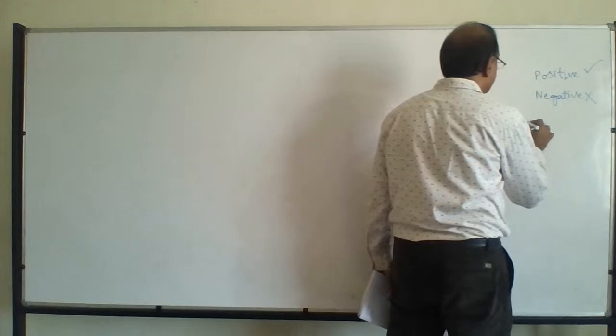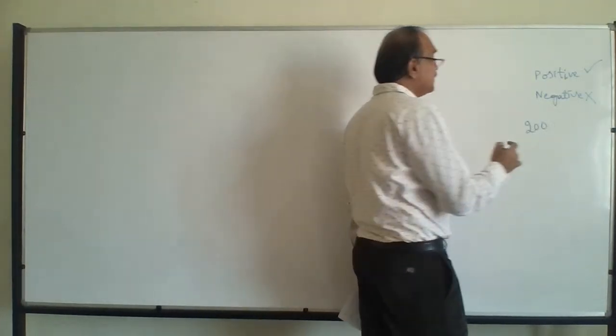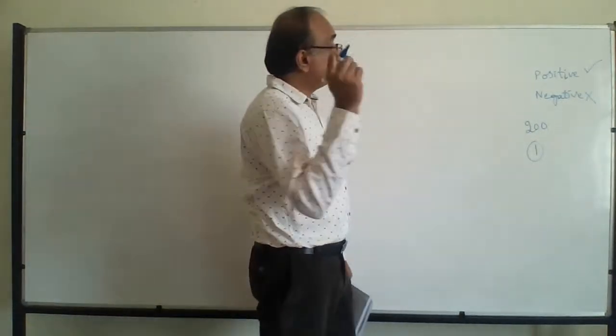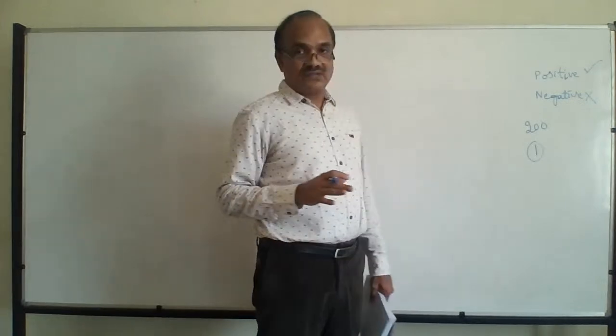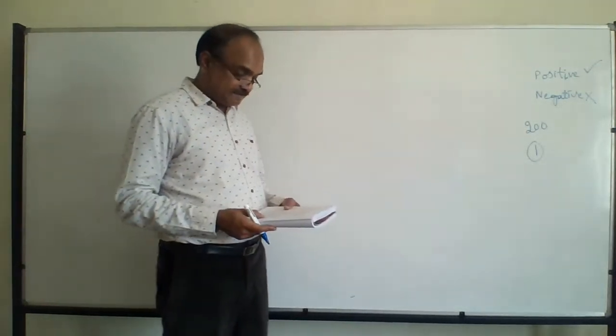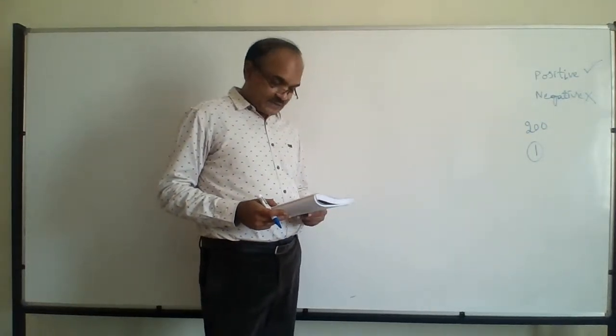You cannot take that. Let's take 200. If 200 people are tested, 0.5% means 1 person. This one person doesn't have the disease, but the test shows that the person has got the disease. That is another data that they are telling. This is a false positive result.